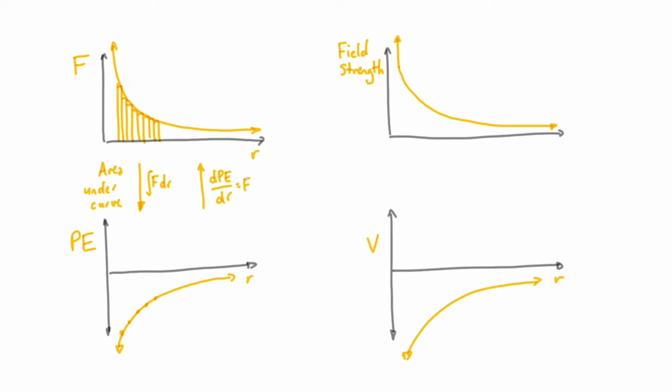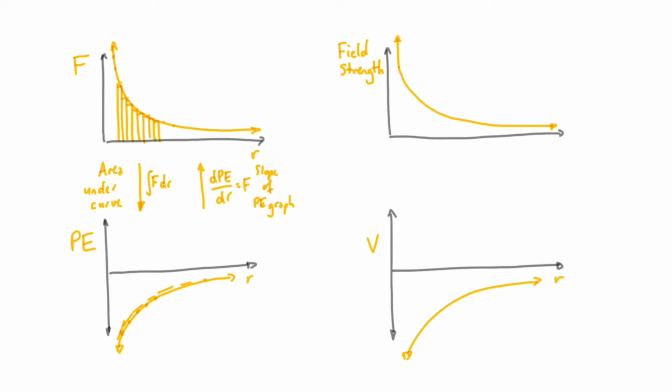Oppositely, and that will give us the potential energy graph. Oppositely, the slope of the potential energy graph will give us the force. So as you can see, the slope is decreasing or becoming flatter, and so the force is becoming less and less steep, as you can see there.